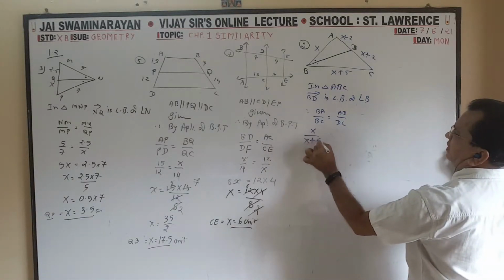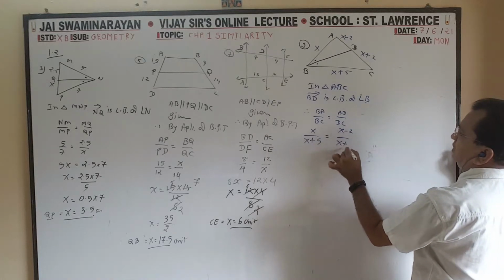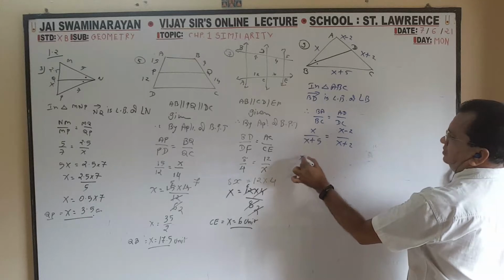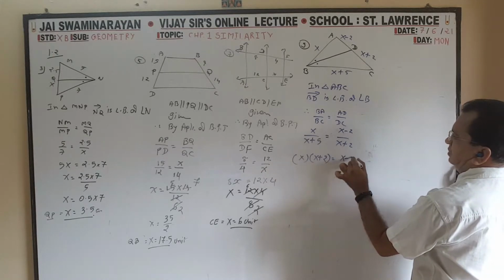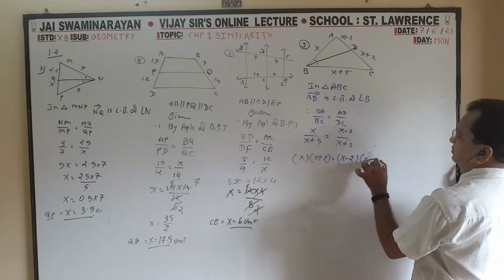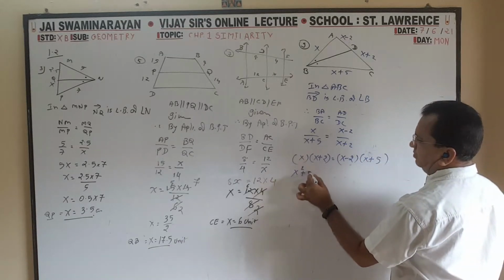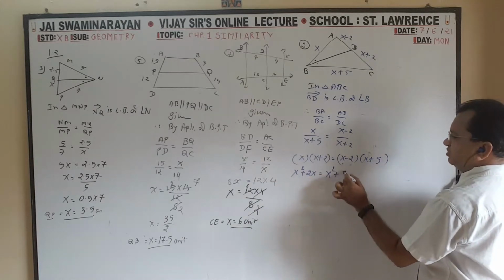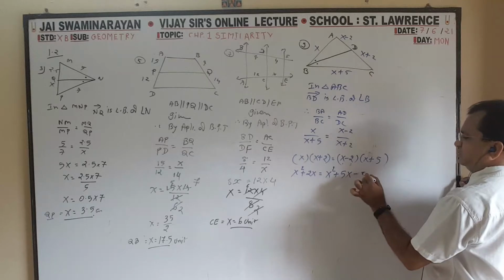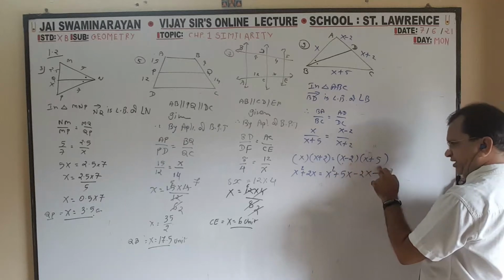X plus 5, x minus 2, x plus 2, cross product, x plus 2, x minus 2, x plus 5. x square plus 2x, now this into this, x square plus 5x, this into this, minus 2x minus 10. x into x, x into 5, 2 into x, 2 into 5.